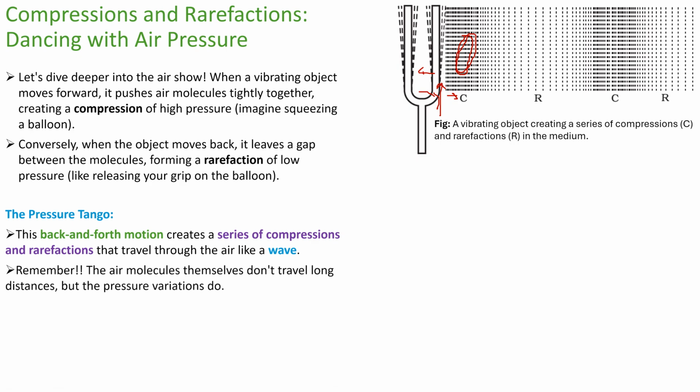Remember, the air molecules themselves don't travel along the distances, but the pressure variations do. Air molecules don't travel along the distance, remember this, but what travels is the pressure variations.